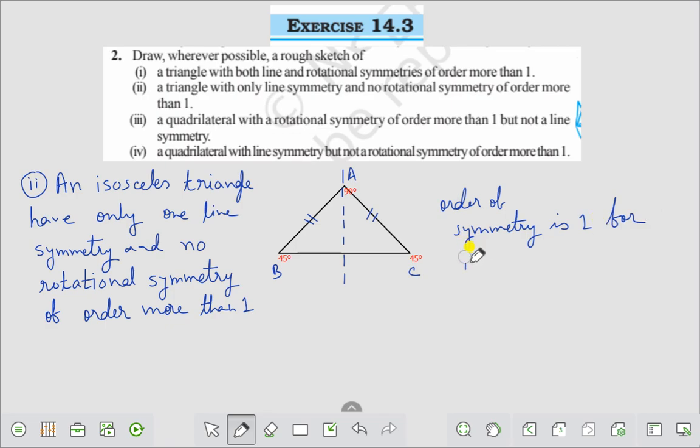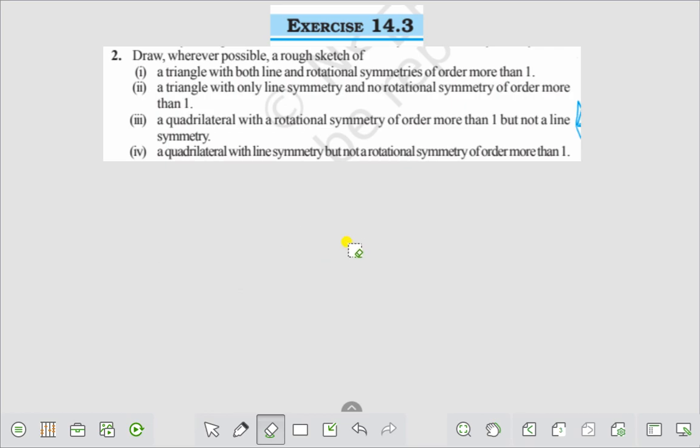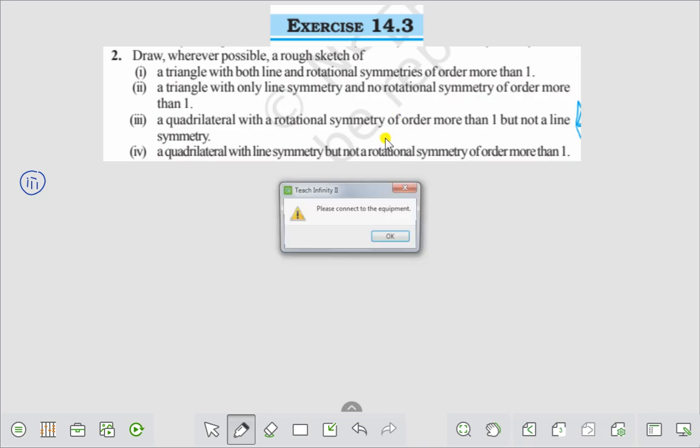For an isosceles triangle, right? Now solve question number 3. Question number 3 here you see is: a quadrilateral with a rotational symmetry of order more than 1 but not a line symmetry.